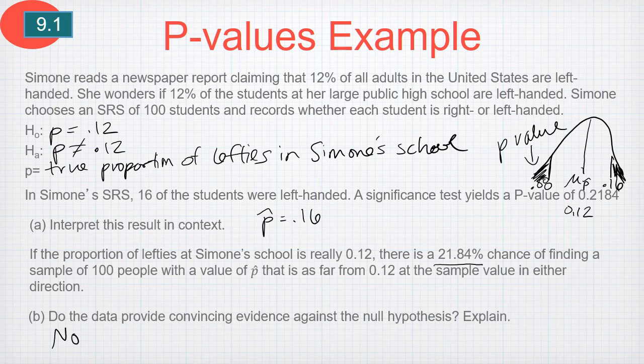I would say no. 21% is something high, something that happens over 20% of the time just by chance when the null is true, which is not really strong evidence against the null. So I have to have strong evidence, or convincing evidence, against the null. You're going to see this a lot. So 20%, that's just too big.